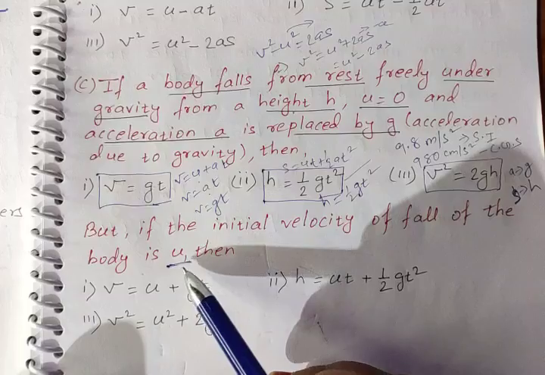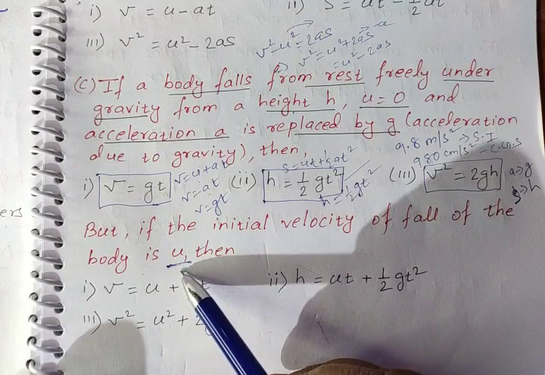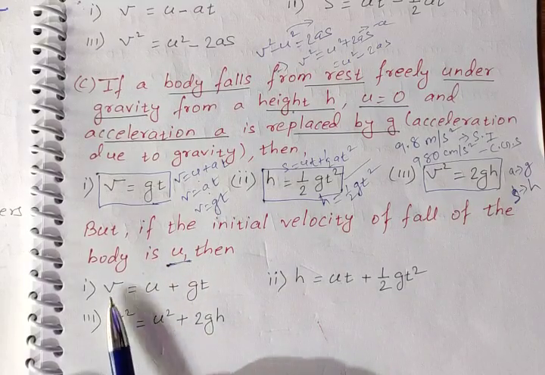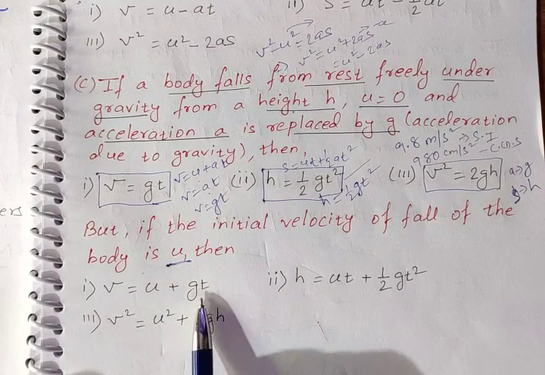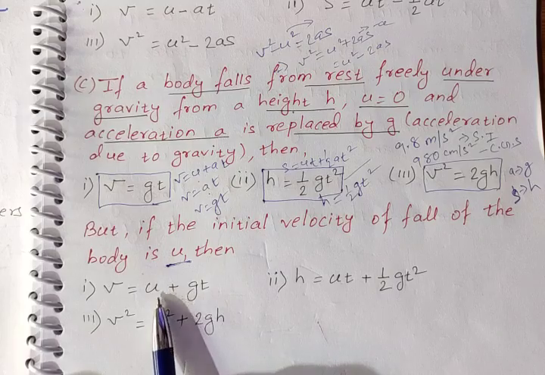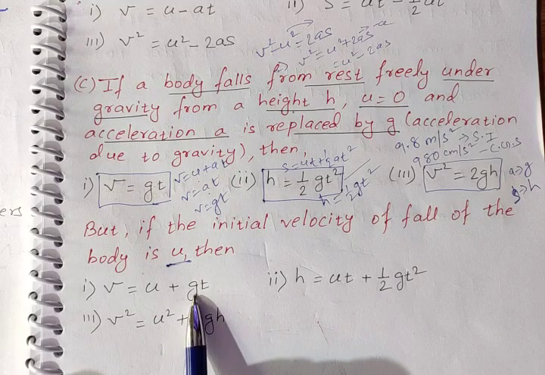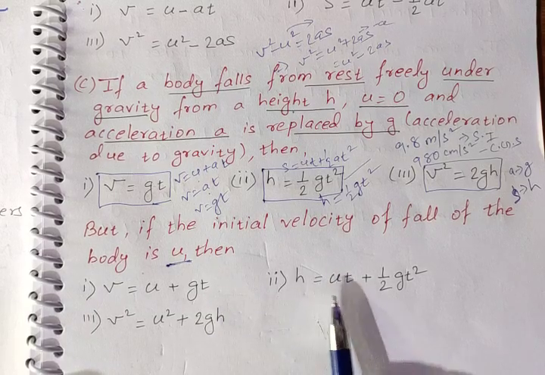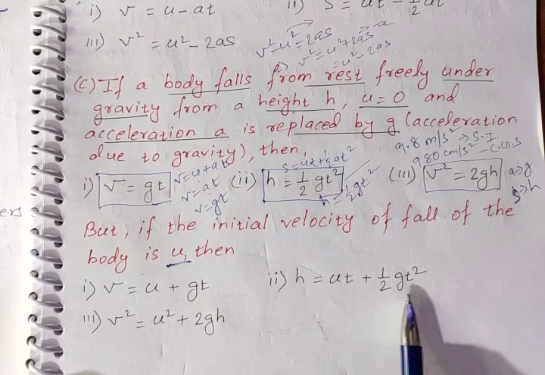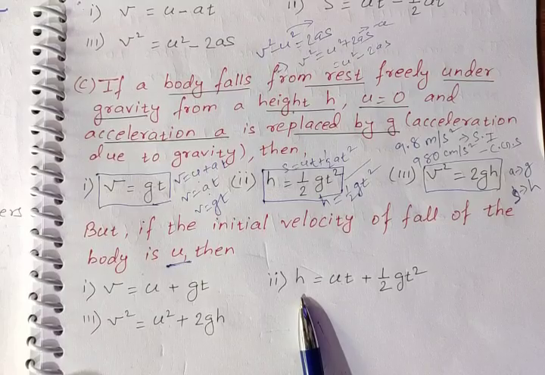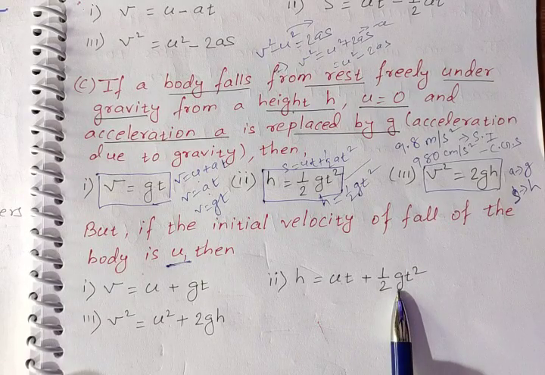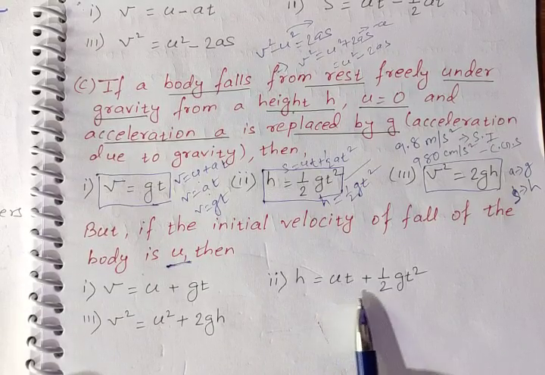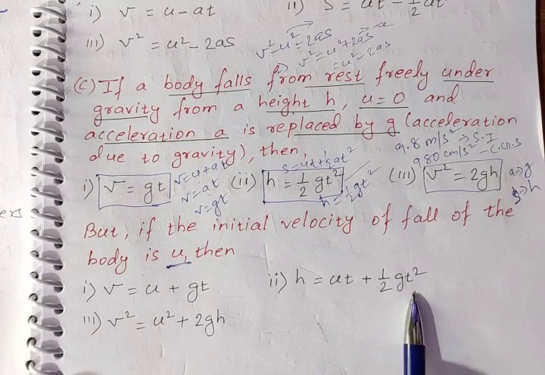If the initial velocity is not 0, then the equation becomes v is equal to u plus gt, where only a is replaced by g. Next, s is equal to ut plus half at square. s is replaced by h and a is replaced by g, so it becomes h is equal to ut plus half gt square.